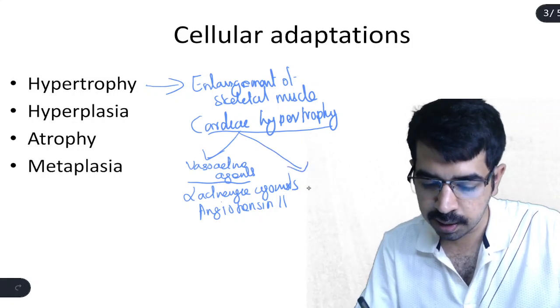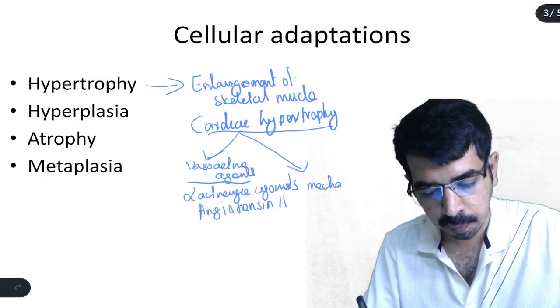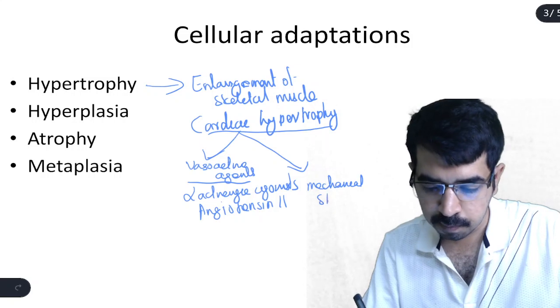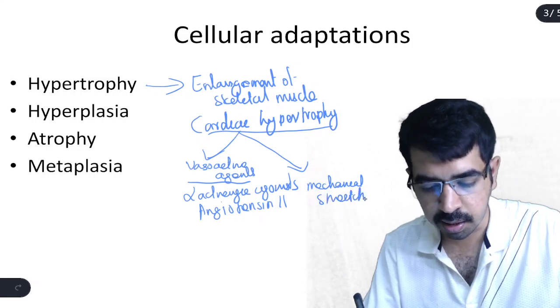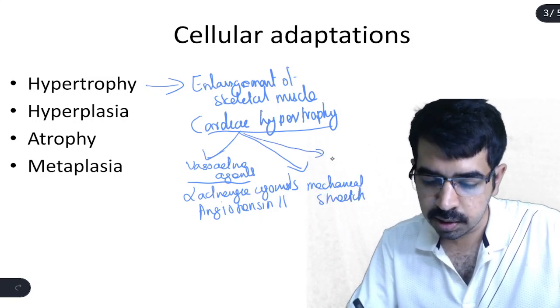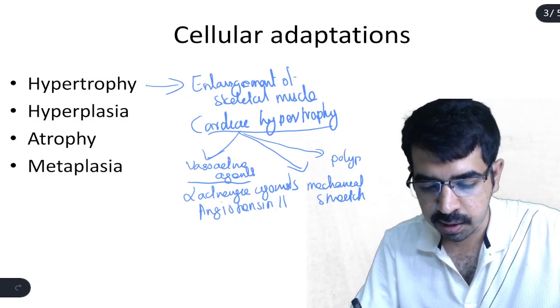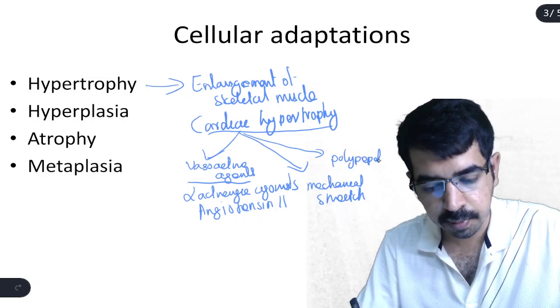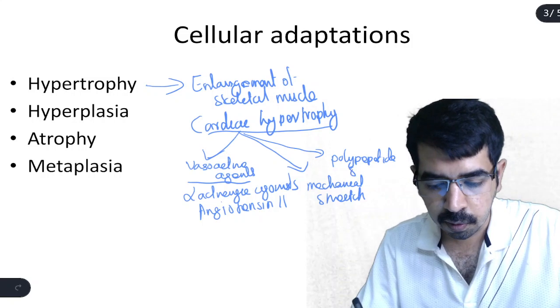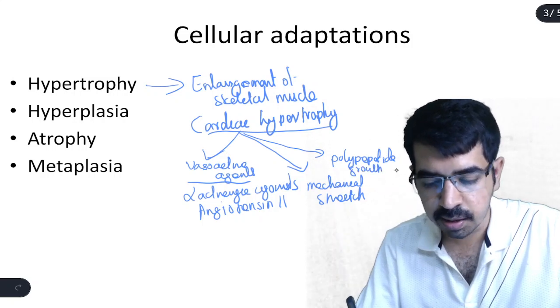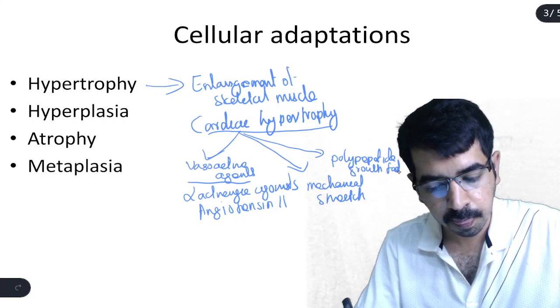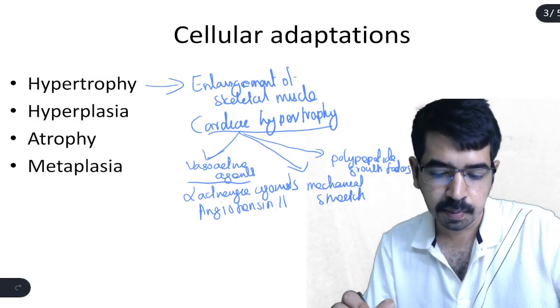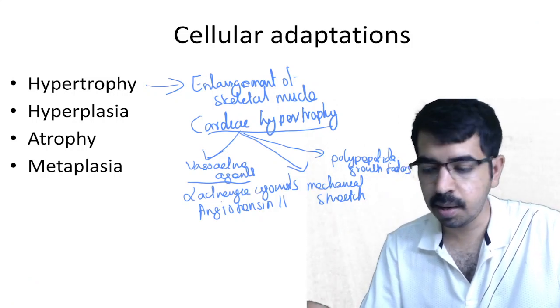Another stimulus is mechanical stretch. Another one is polypeptide growth factors like insulin-like growth factor 1. So these are the stimuli for cardiac hypertrophy.